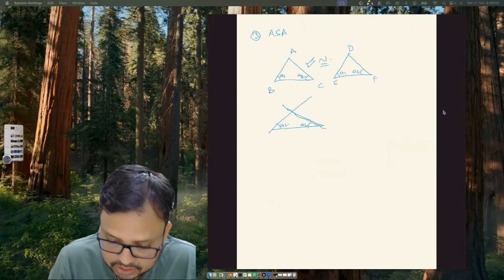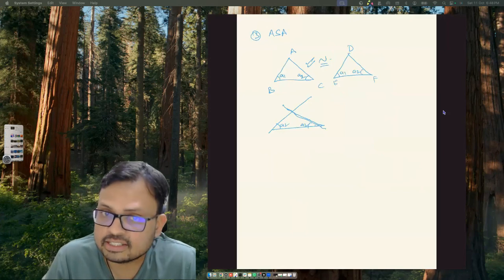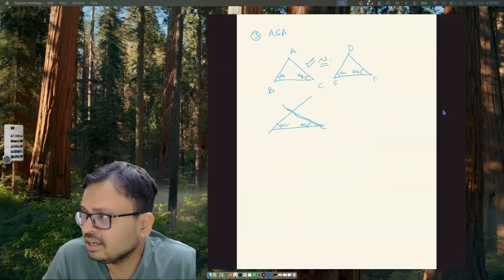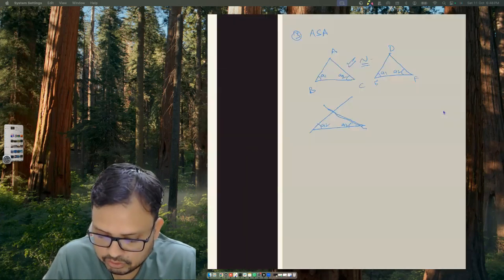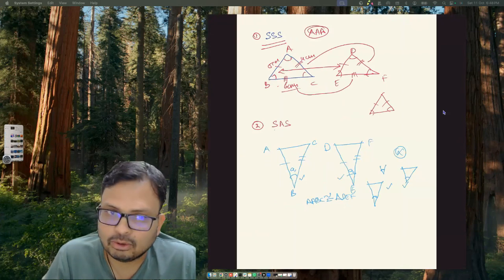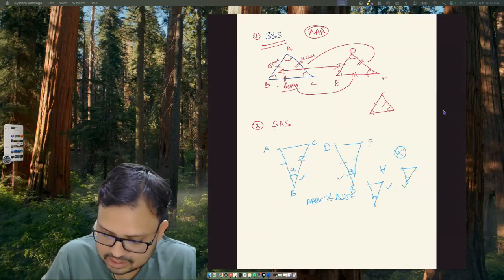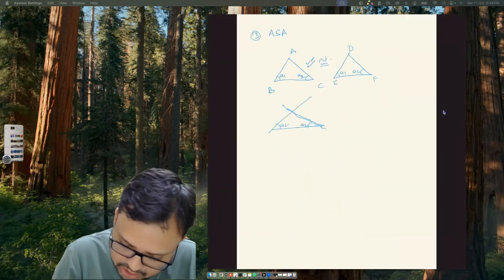Congruency by definition, and I'm repeating, says that all three sides and all three angles should be equal. But because people figured out that congruence is implied, it need not do all six things. So if it satisfies any one of these, then it is easier for you to remember.